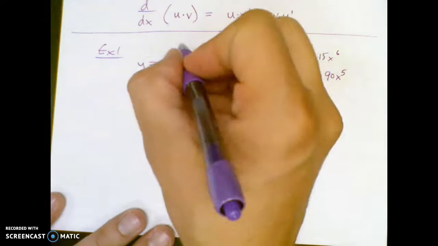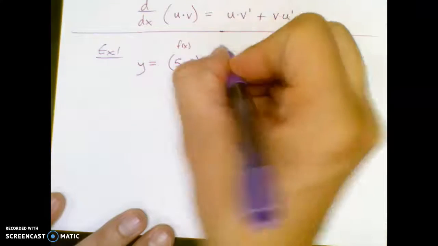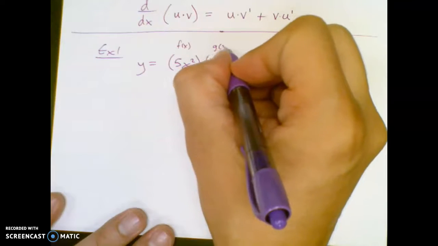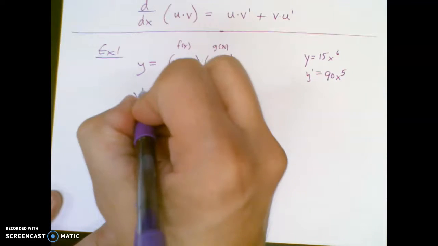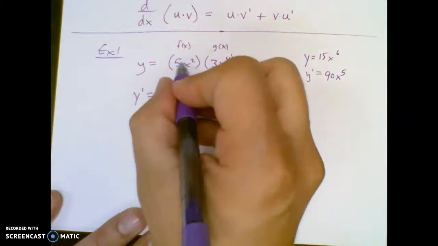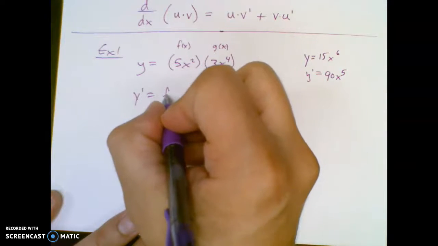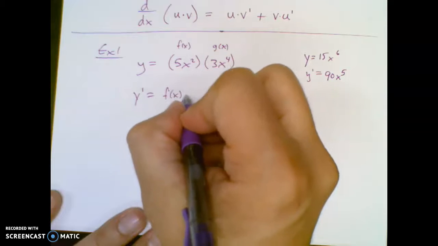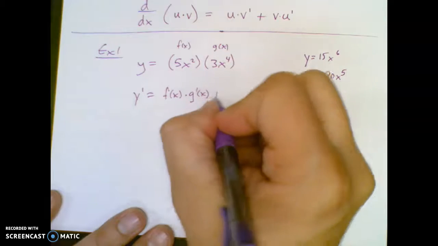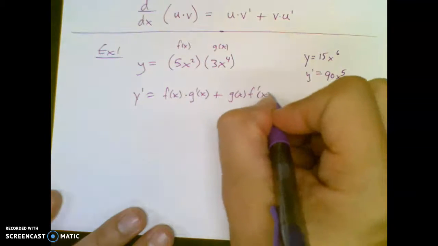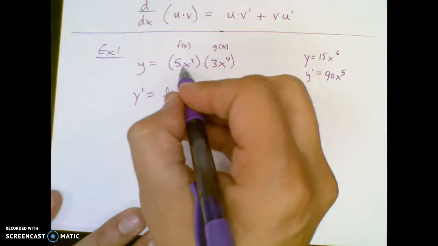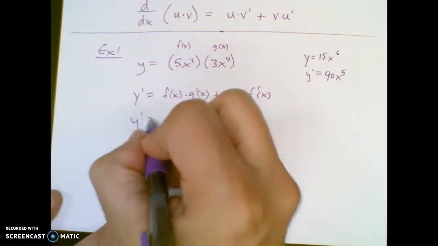Now, what you want to think of this guy as f of x, and you want to think of this guy as a separate g of x. You'll see you could also do this problem like this. The derivative of y is regular f of x times g prime of x plus regular g of x times f prime of x. So now I'm going to substitute in. Okay, f, you just write it as normal, right?